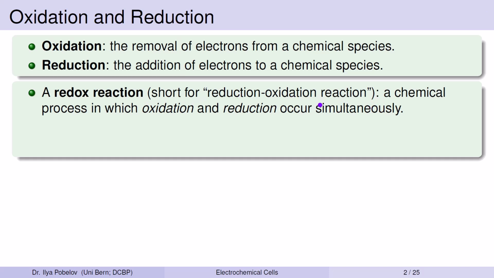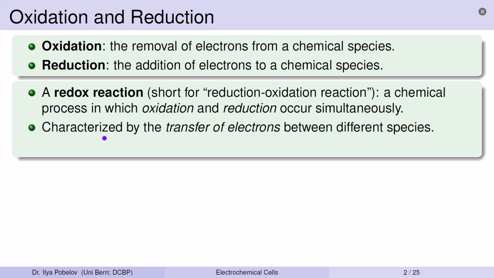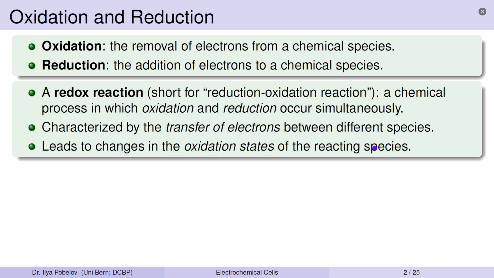A redox reaction is a chemical process in which oxidation and reduction occur simultaneously. It is characterized by the transfer of electrons between different species and leads to changes in the oxidation states of the reacting species.